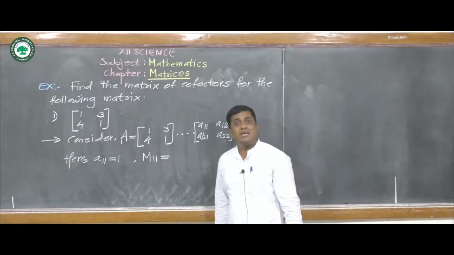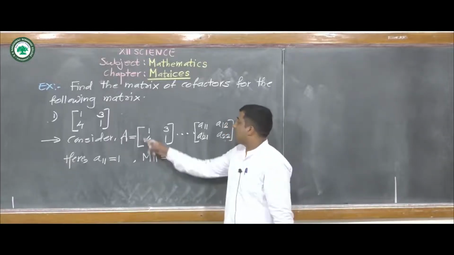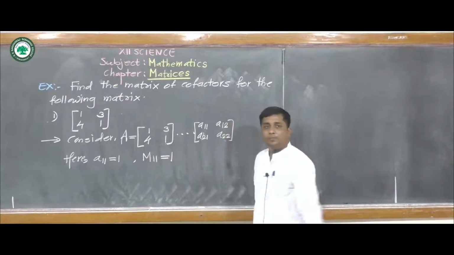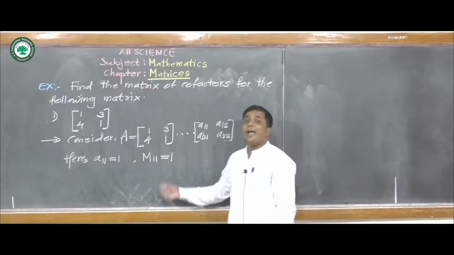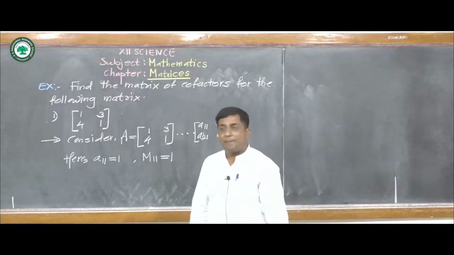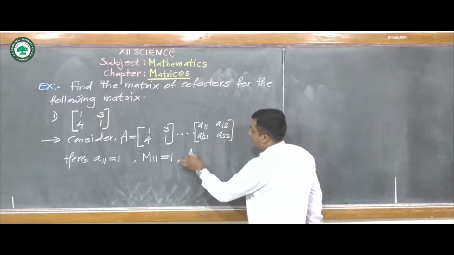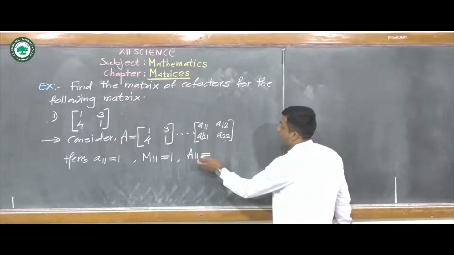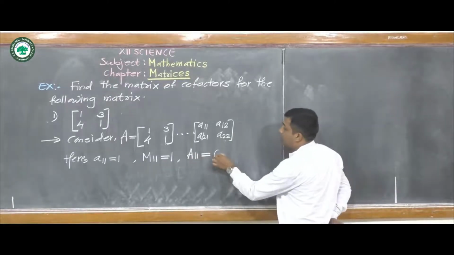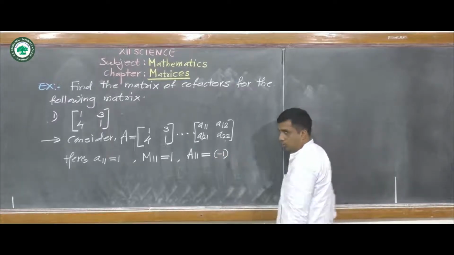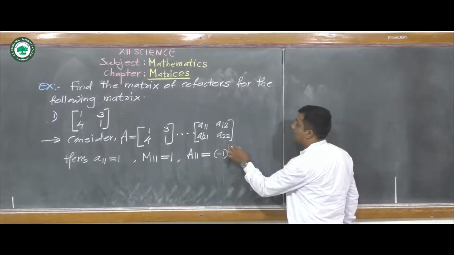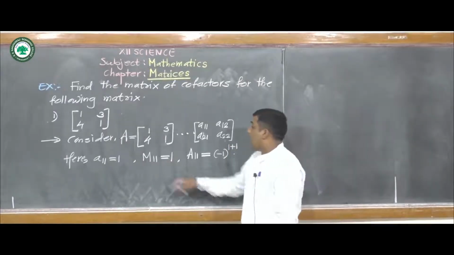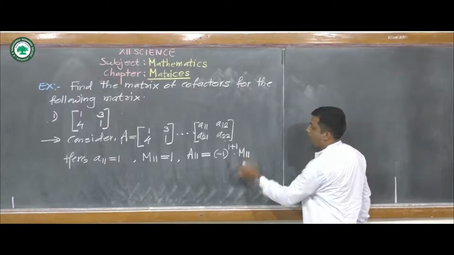To find the minor, we delete the first row and first column, so only 1 remains. Then to find the cofactor of that element, denoted by A11, we use minus 1 raised to 1 plus 1 into M11.